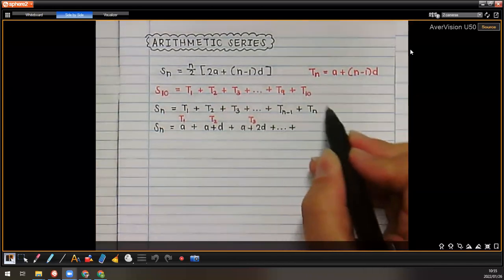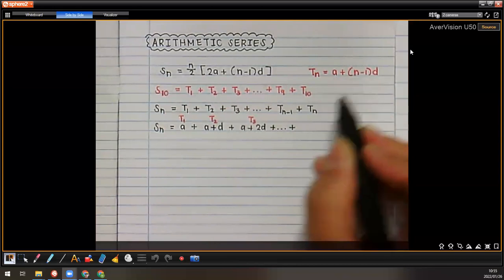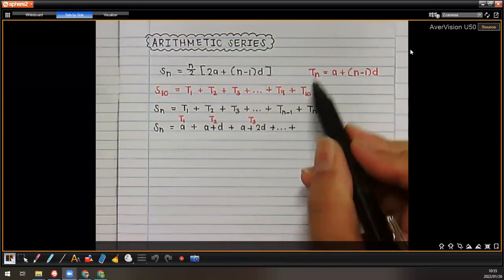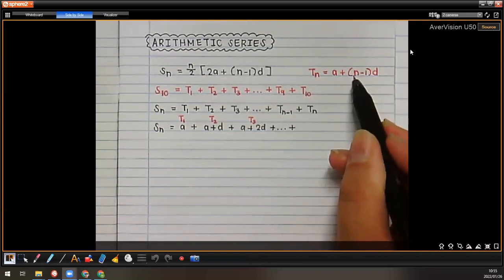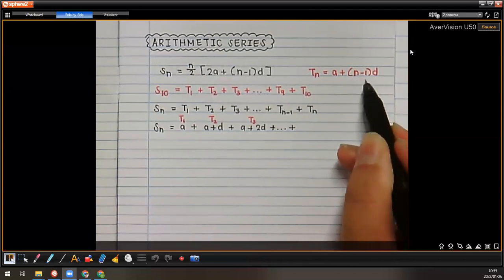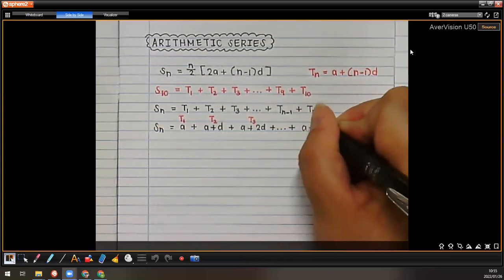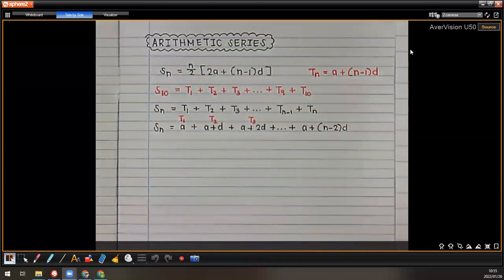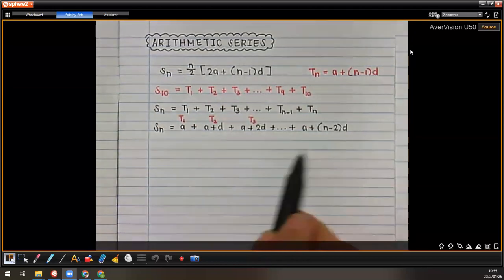Then for your last term, term n, we're just going to use this formula. But for your second last term, n now has to become n minus 1, so where we have an n, I'm going to put in an n minus 1 instead. So it's going to be n minus 1 minus 1 d. We're going to have to write it as a plus n minus 2 d, because n minus 1 minus 1 is n minus 2.